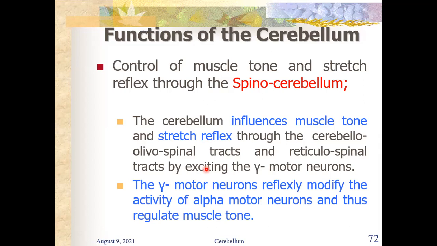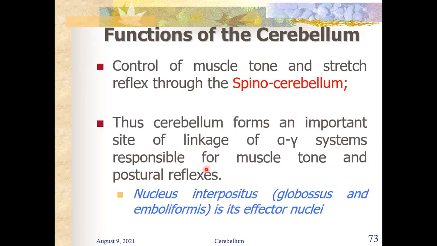Once the gamma motor neurons receive stimulation from the cerebellum via those tracts, they help to modify the action of the alpha motor neurons, and thus they are able to regulate the muscle tone. So the control of muscle tone and stretch reflex is through the spinal cerebellum because of that connection between the alpha and gamma motor neurons as a result of influence from the cerebellum.